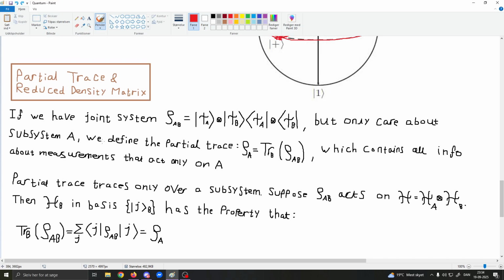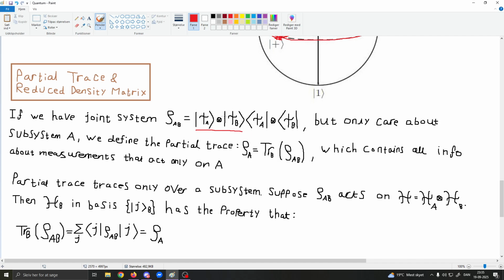As a last subject, I want to cover the partial trace and the reduced density matrix. Like we saw earlier, if we have a joint system, where we have a system for Alice and a system for Bob, and you want to describe the full quantum system they share, it can be described as this tensor product.